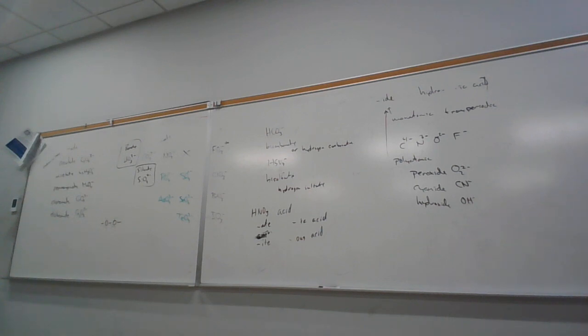In their compounds, the group 1 metals have an oxidation state of +1. We have to go in this order, otherwise we might screw things up. So first, +1 for the group 1 metals, +2 for the group 2 metals.